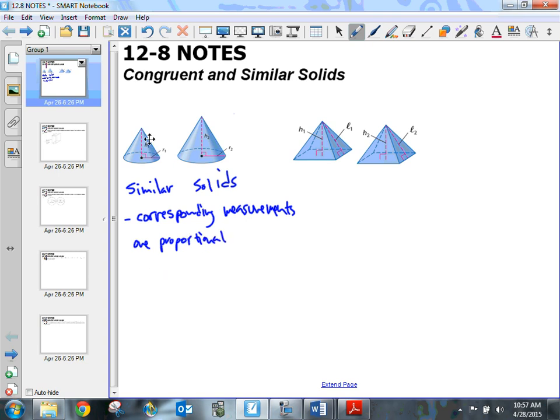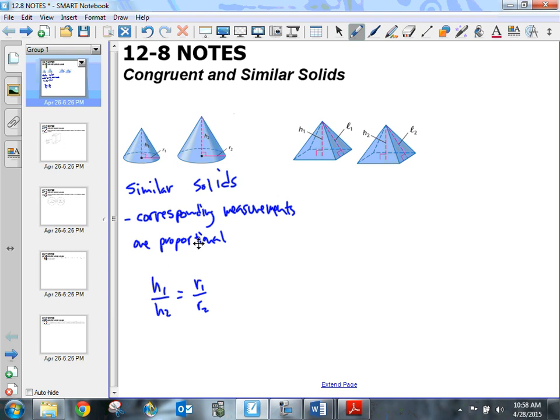What I would say here is that the height of this cone, if I took height sub 1 and divided it by height sub 2, would be equivalent to r sub 1 divided by r sub 2. So if I take the radius of this and divide it by the radius of that, it will be equivalent to this height divided by this height.